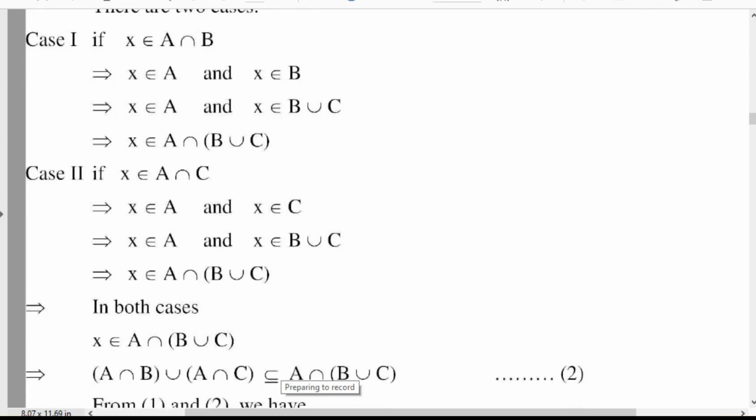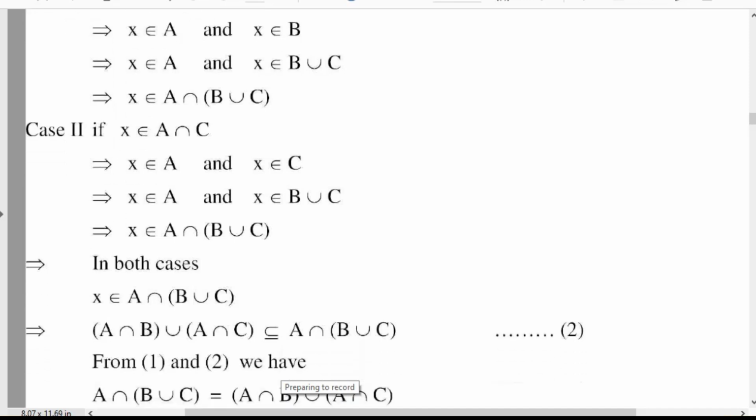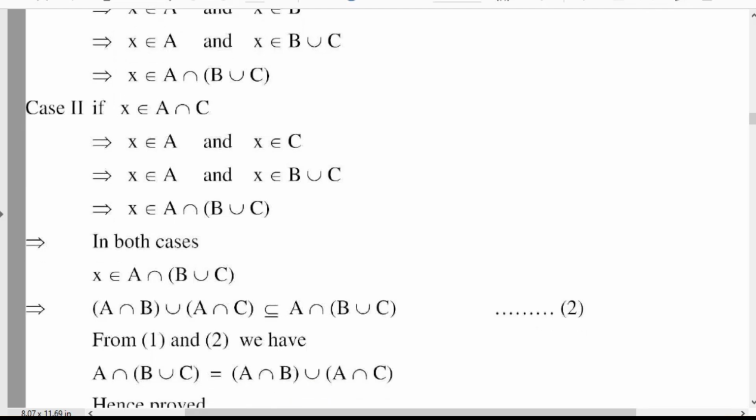So (A ∩ B) ∪ (A ∩ C) is a subset of A ∩ (B ∪ C), that is equation number 2. From equation 1 and 2 we have A ∩ (B ∪ C) is equal to (A ∩ B) ∪ (A ∩ C). Hence proved.